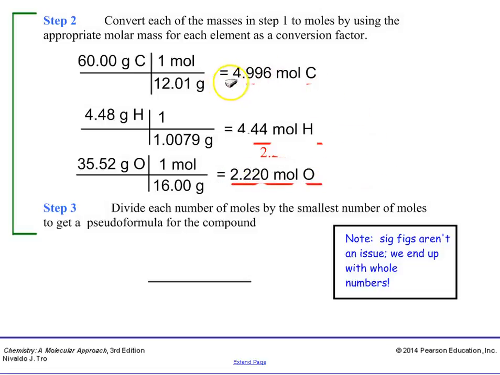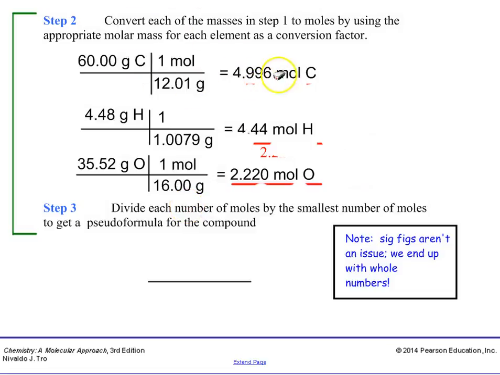And that's the first step. Sig figs aren't an issue because we end up with whole numbers, but when we're doing the division, we want to try to keep as many decimal places as possible. If you round too early, you can end up messing up your empirical formula.